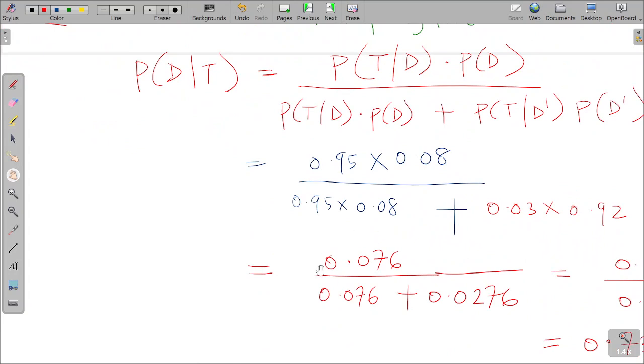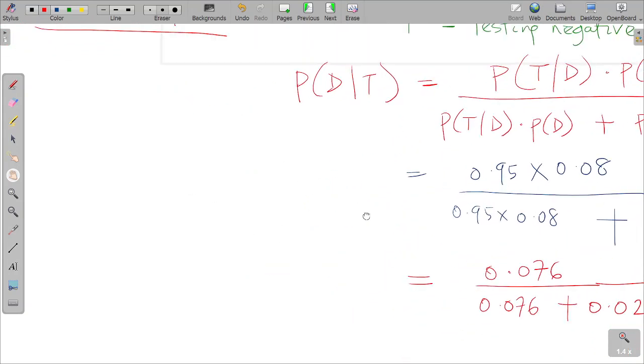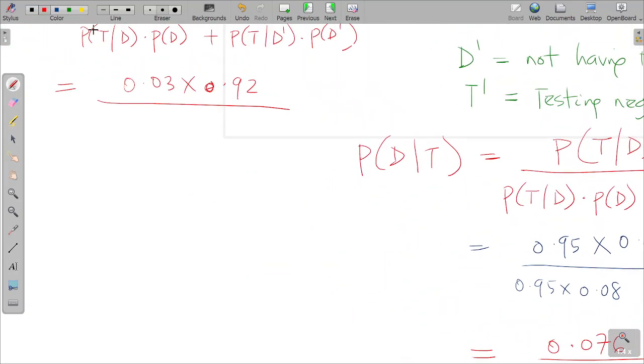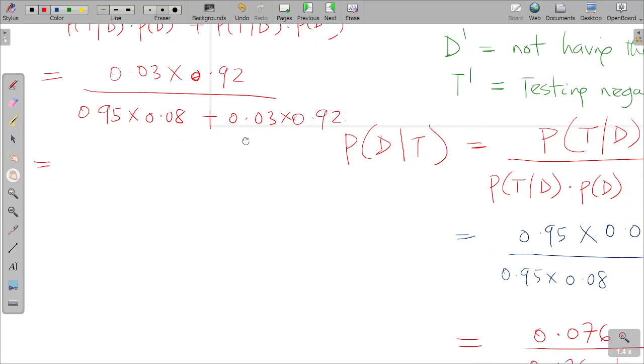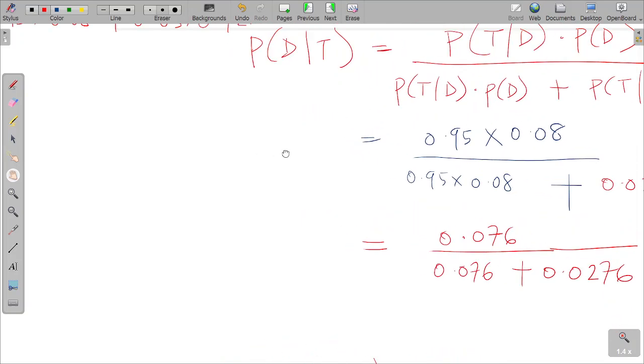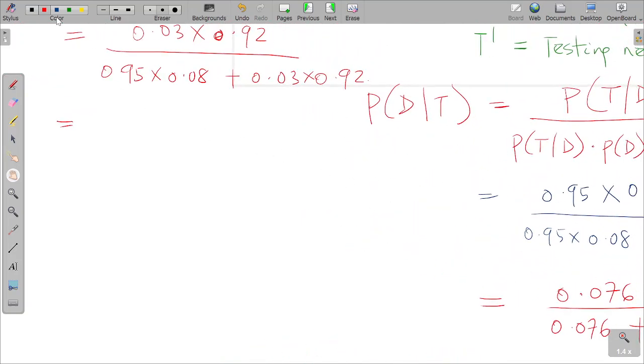I'm just going to write it out first so that you will not be confused: 0.076 plus 0.03 multiplied by 0.92. Multiplying that, we get 0.0276.